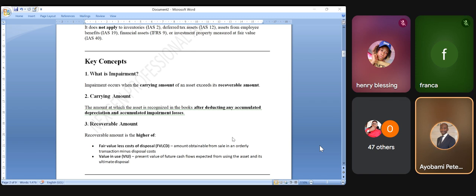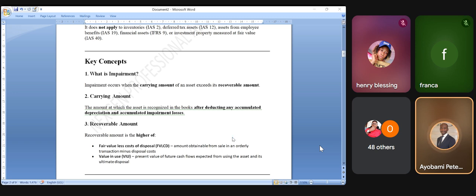For instance, if you give your car to someone to sell, the person will have added his own commission to it. If you put the car down for 200,000, the person will have added maybe 20,000, and he will tell the buyer it is 220,000. So that extra 20,000, that is the commission to the person, we have to remove it to get the original cost. That's why we say fair value less cost to sell.